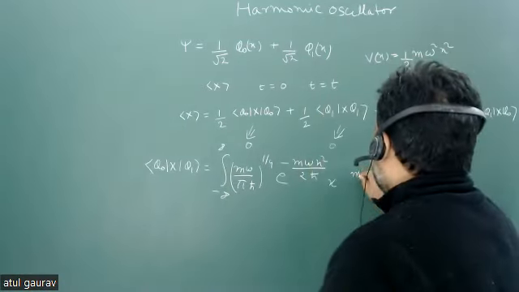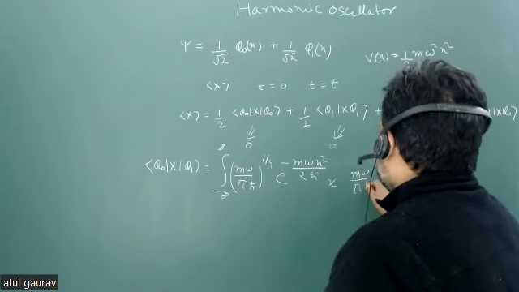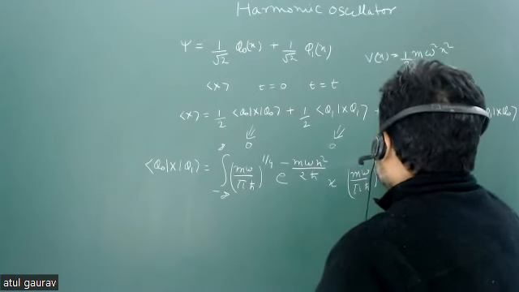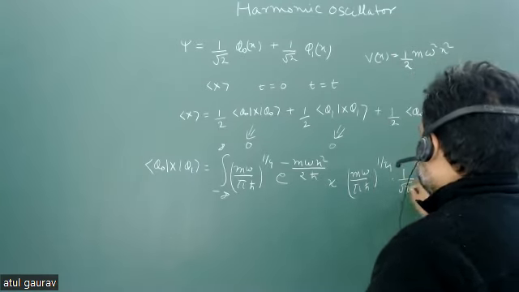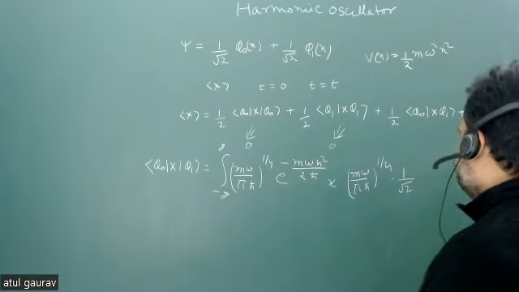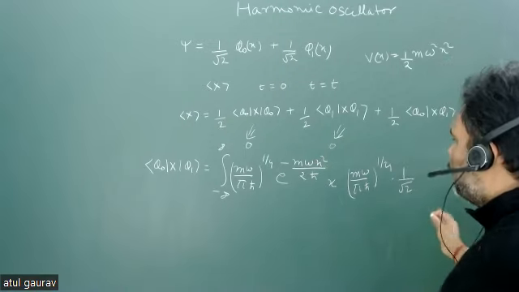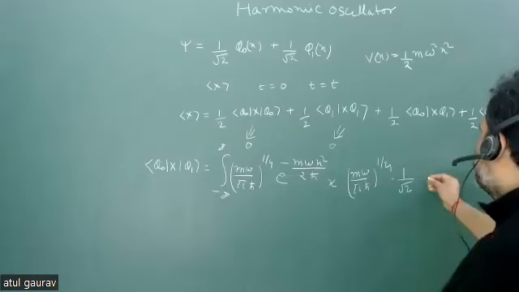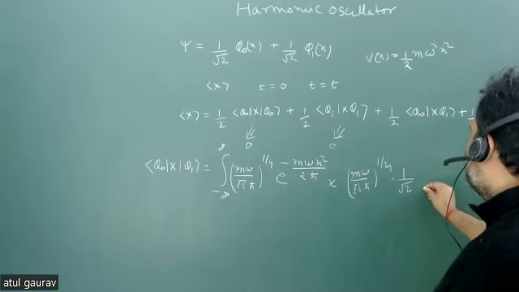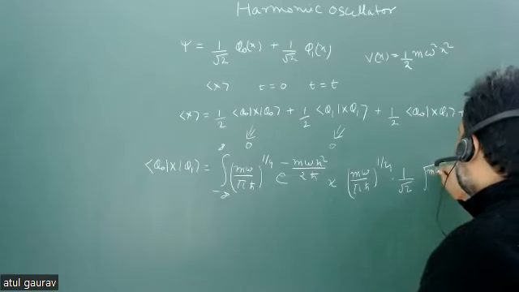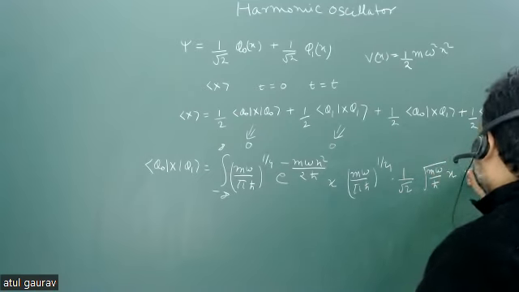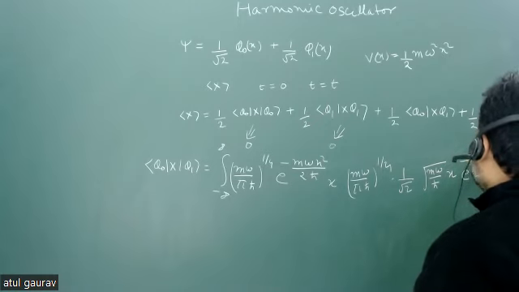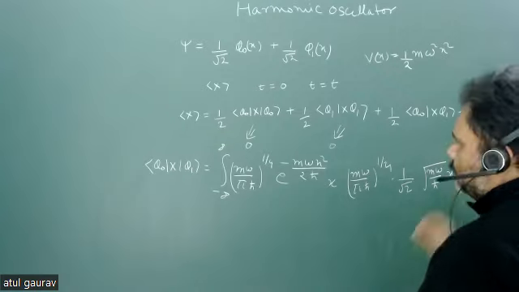This phi 1 is (m omega upon pi h cut) to the power 1 by 4, 1 by root 2 is there, and there is one more term, that is H1 of xi, H1 of alpha x. So the integrand has root under m omega by h cut, this is alpha, x, and the Gaussian e to the power minus m omega x square upon 2h cut, dx.